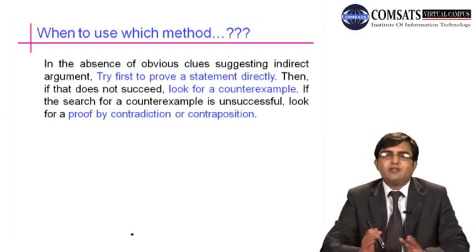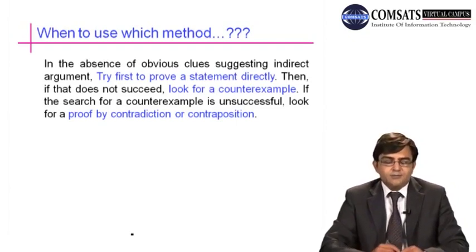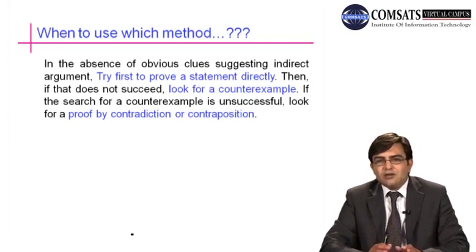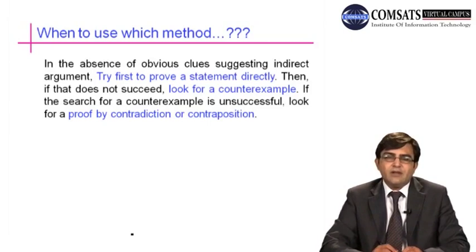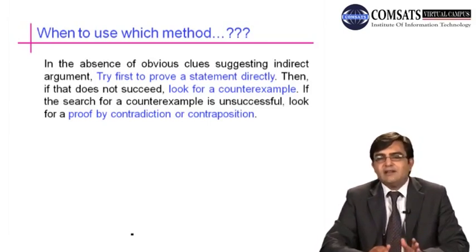So this is basically the order of preference in using the methods to prove a given statement. If you do not succeed in finding a counterexample either, then try the method of contradiction, and then at the end try the method of contrapositive.